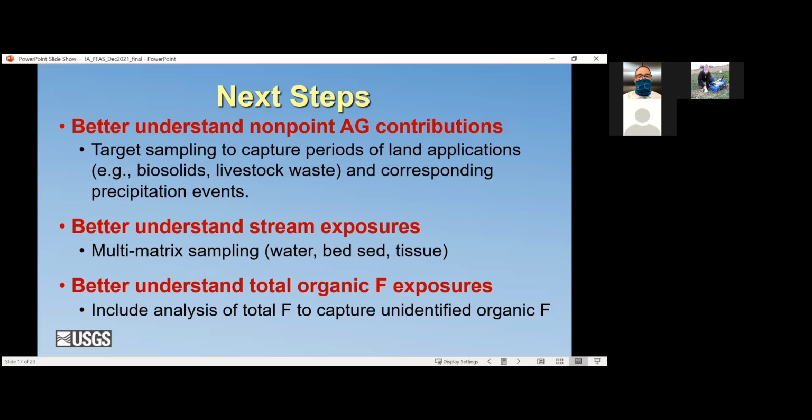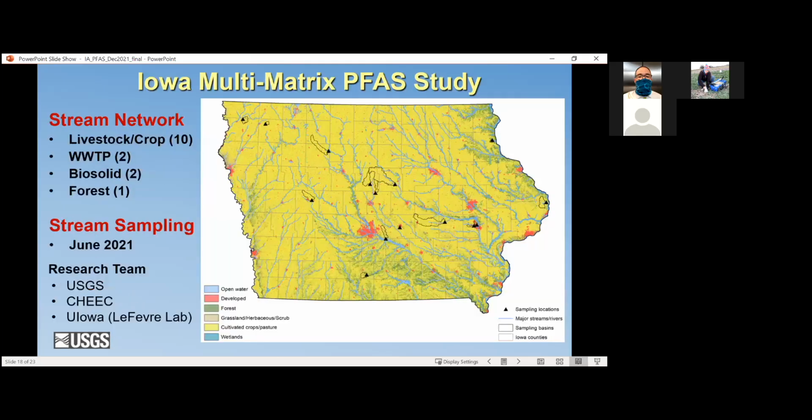There are methods out there, and we're developing our own organic fluorine method now, and that's what we're going to start using as another tool in our toolbox to still look at our targeted suite of PFAS compounds, and hopefully that'll improve in sensitivity with time and capture a broader net of PFAS, but complement that with the total organic fluorine method to get total fluorine exposures. And in the multi-matrix aspect that I mentioned previously, we already have that in the bag.